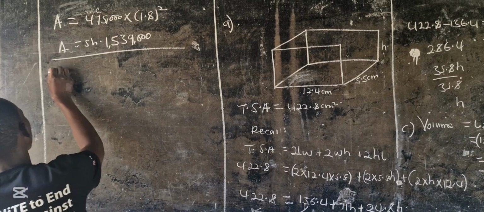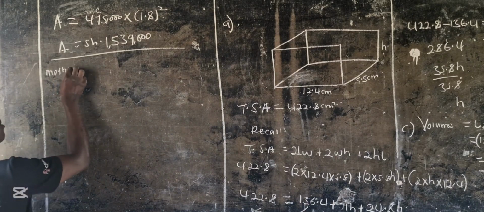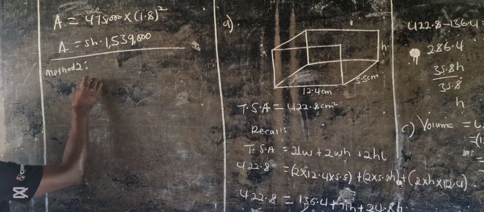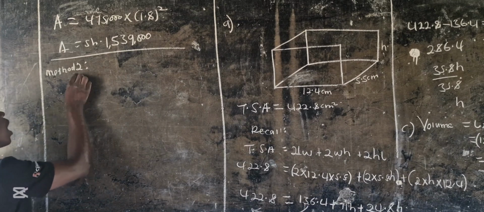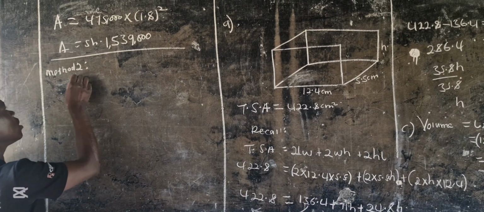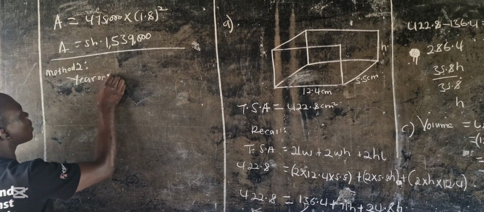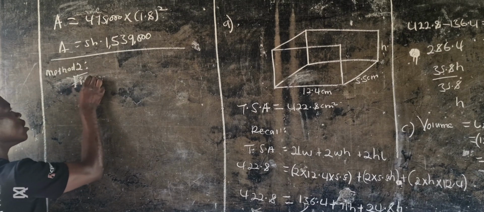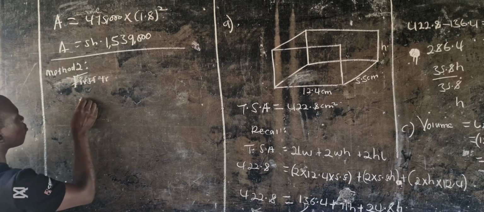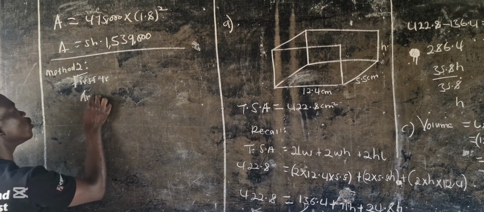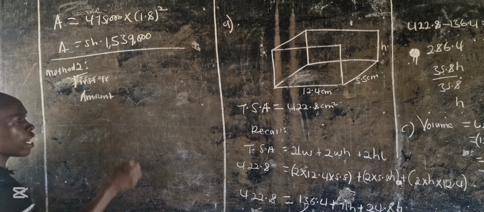Now, method 2 on how you can get this. We can say year one, or first year. The first year amount will have to rise by 80%.